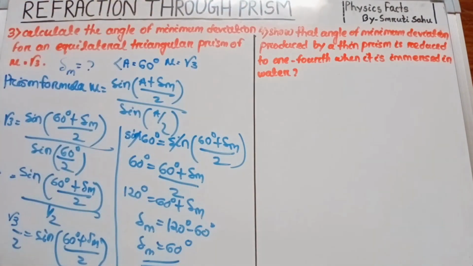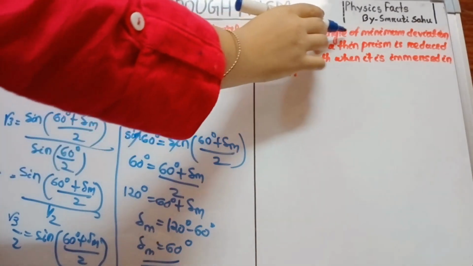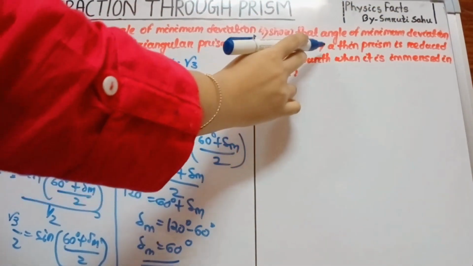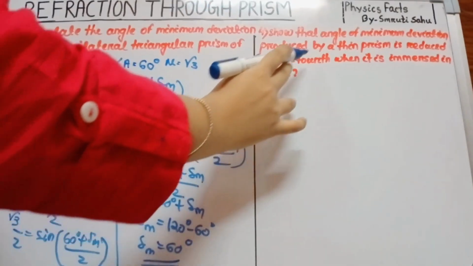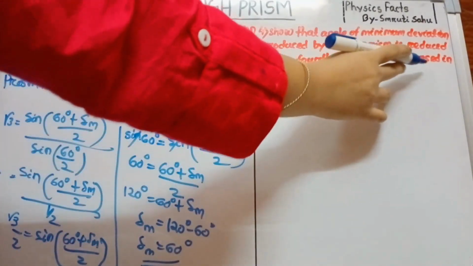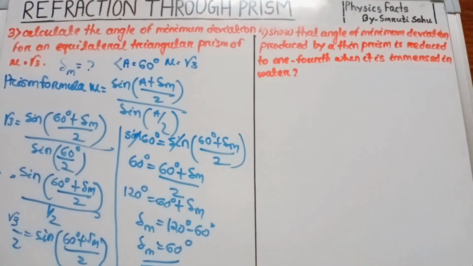Students, in this question: show that the angle of minimum deviation produced by a thin prism is reduced to 1/4 when it is immersed in water.